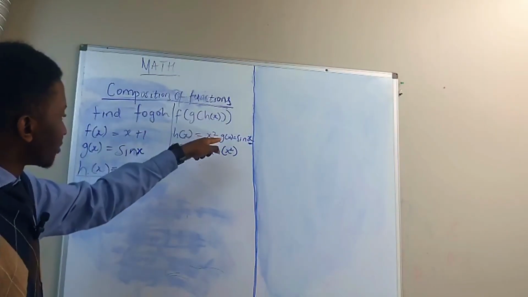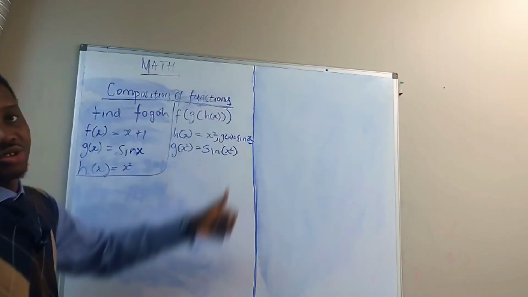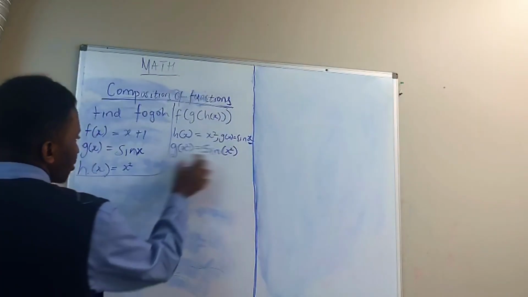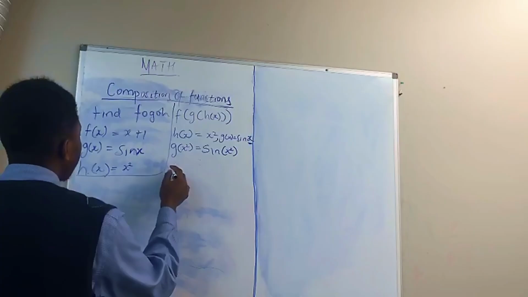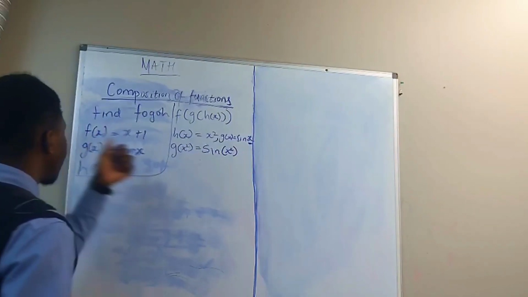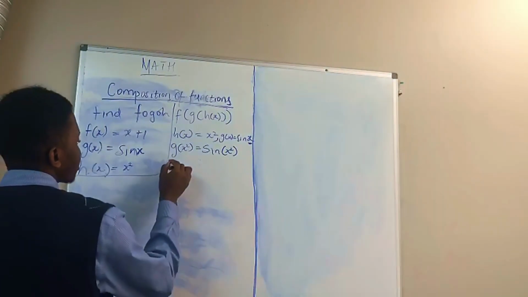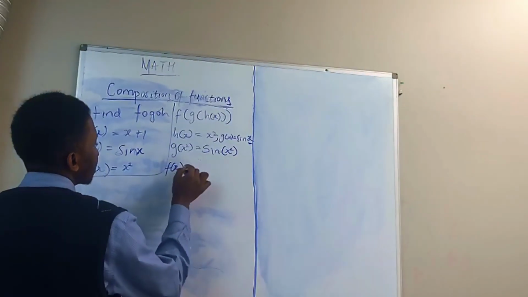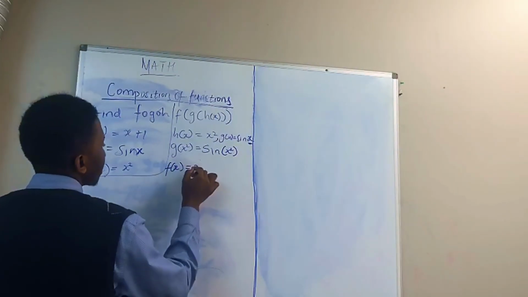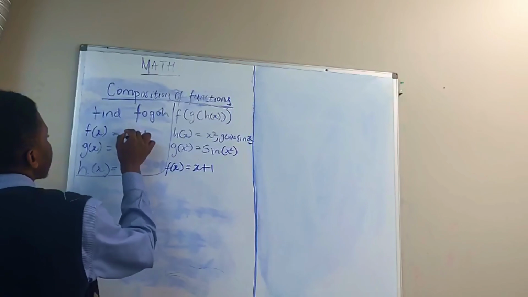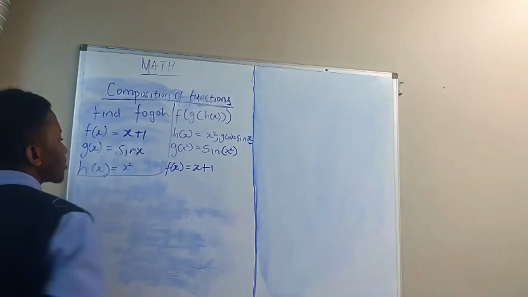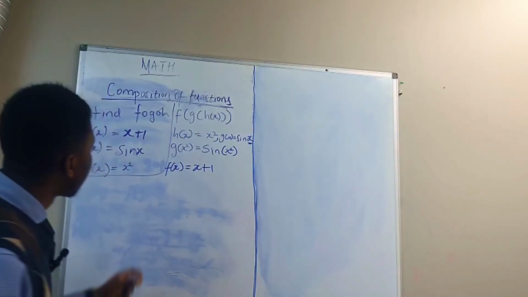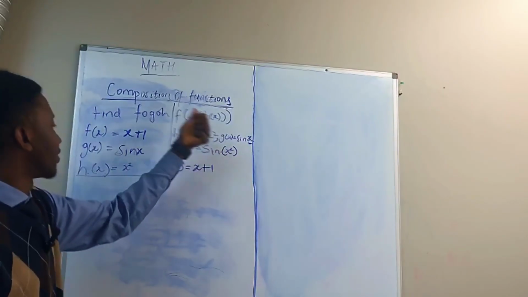Now f of g of h of x simply means this. First let's write down what we have f of x to be. f of x is given to us as x plus 1. And now we've gotten the bracket g of h of x.